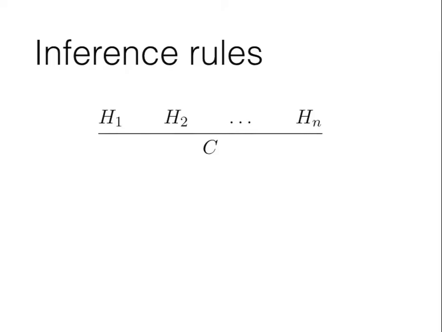Inference rules are just one of these nice shorthands. You'll see this bar, with stuff above the bar and something below the bar. What it's a shorthand for is defining something by an implication, saying that if the stuff on the top is true, then the thing on the bottom is true as well. So you've got hypotheses on top and a conclusion on the bottom.